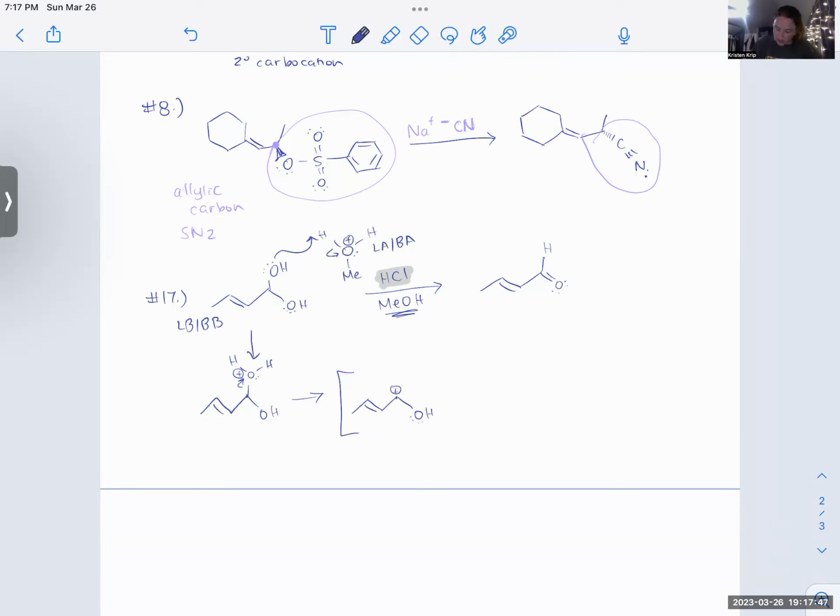Either our alkene can move over, so we could draw it that way, and the positive charge moves over here.